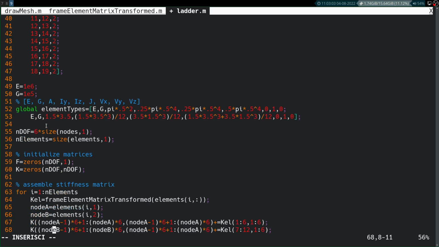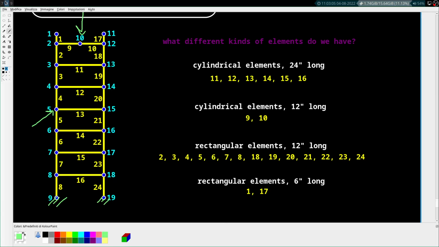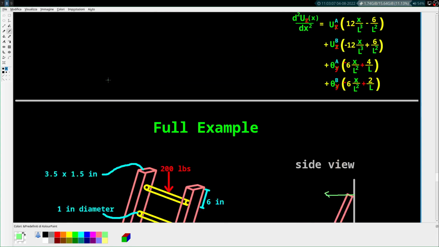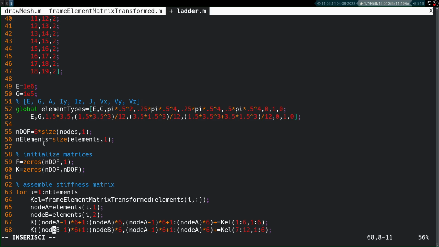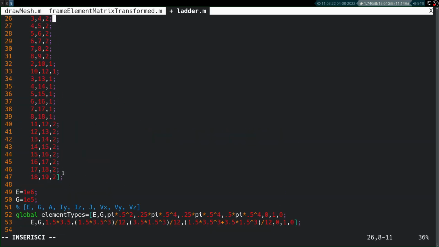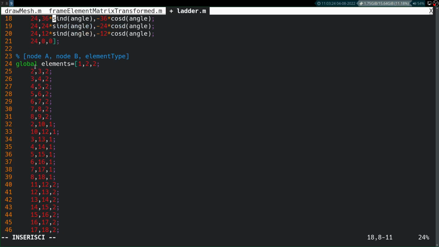Now at that point, like I said before, the first step of this was to initialize the vectors f and u and matrix K. So all we're doing is computing the number of degrees of freedom. This is just 6 times the number of nodes. The number of elements is just the number of rows in this matrix here.